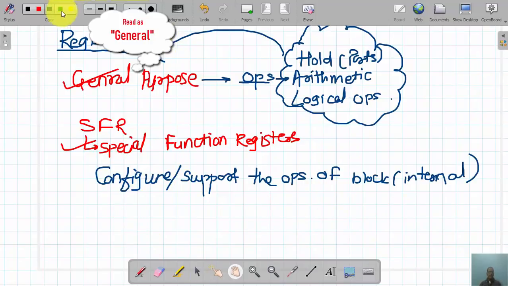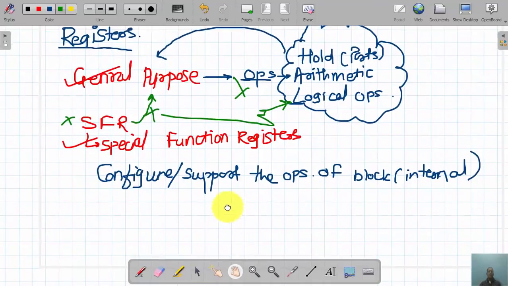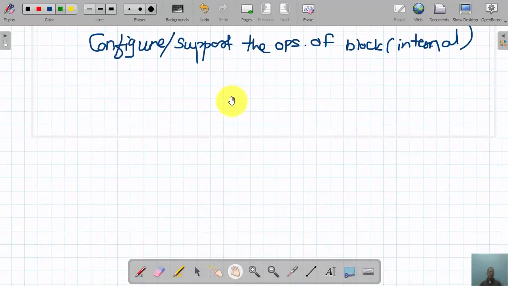The major differentiating point is that SFRs are not used to perform general purpose operations. If you want to do arithmetic operations using an SFR, it is not allowed. If you want to do logical operations using an SFR, it is not allowed. So for what purpose are these used? They are purely used to configure the operation associated with the internal blocks.